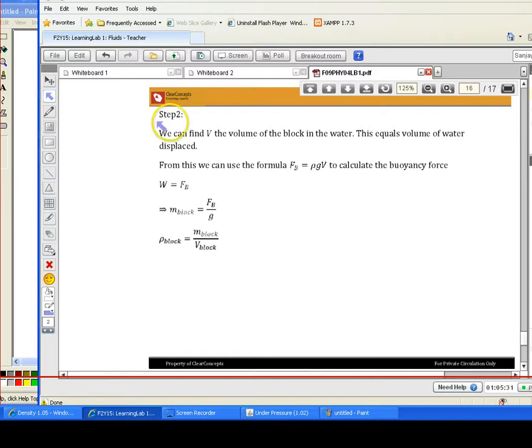What is this volume V that is under the water? 30 centimeters length, 30 centimeters breadth, 10 centimeters height. What is the volume in centimeter cube?